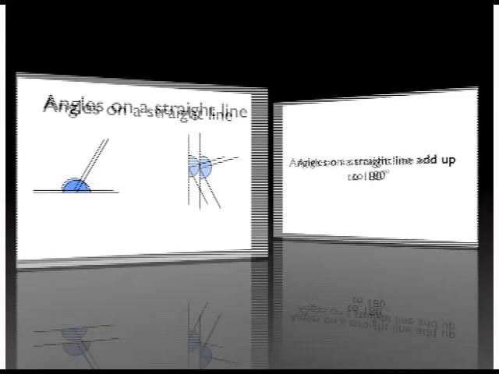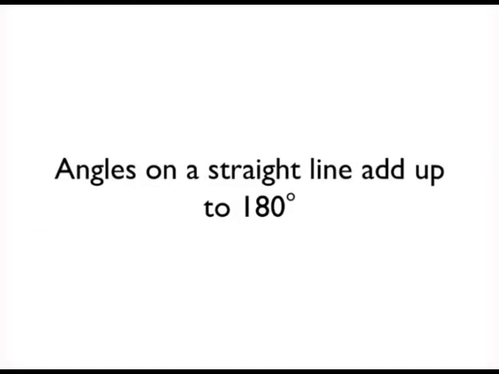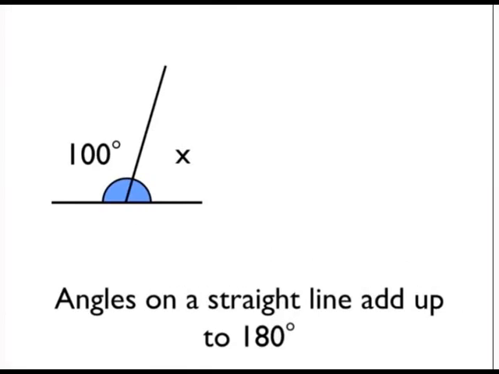The thing is, angles on a straight line add up to 180 degrees. So if you have an obtuse angle 100 degrees and an acute angle x on a straight line, notice that I'm already using the terms we've learned.